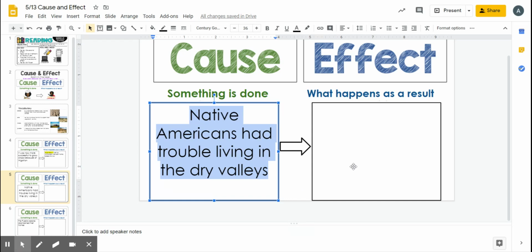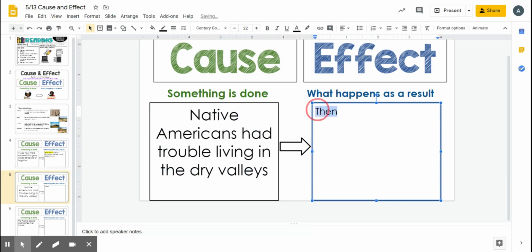Correct. In the read aloud, it said then, which is another one of our clue words. So I'm going to go ahead and highlight it. Then they moved to the plateaus and the mesas.